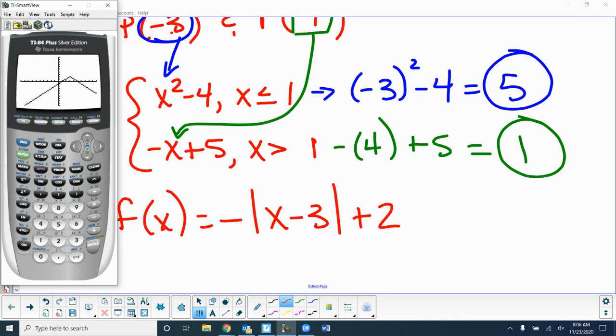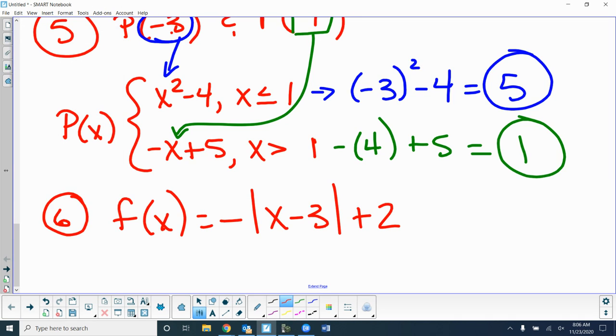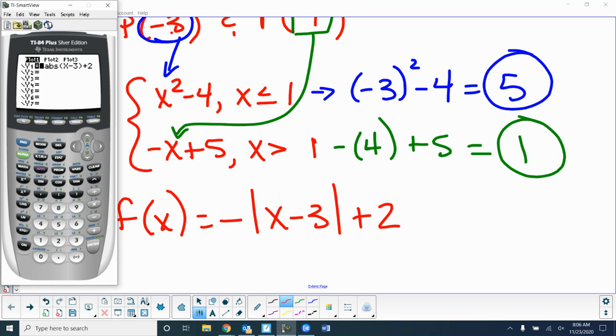Okay, so you need to actually graph it. Every year I've got some kids that don't graph it. What do you do for the lines? Do you know something? ABS? Where am I at? ABS is math, and then over to number. Does it automatically close them off?